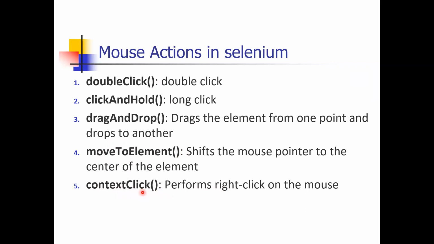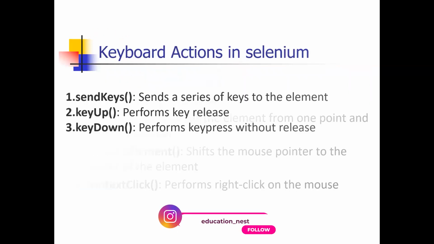Just remember: double click, long click, click and hold, drag and drop, move to element to shift the mouse to a particular position, and context click for right click. These are the mouse actions in Selenium.